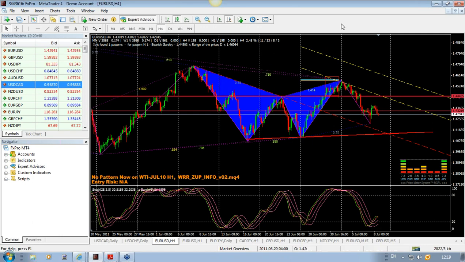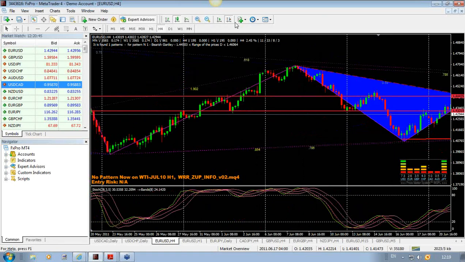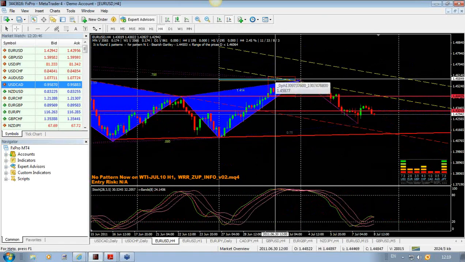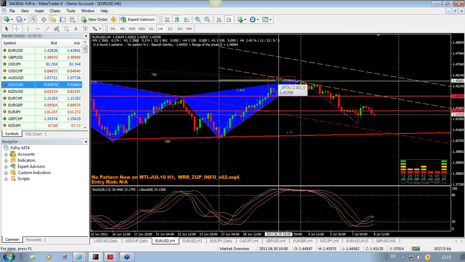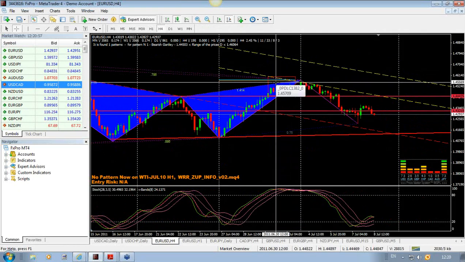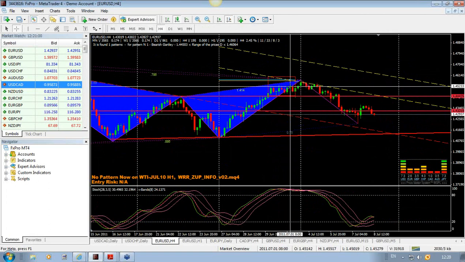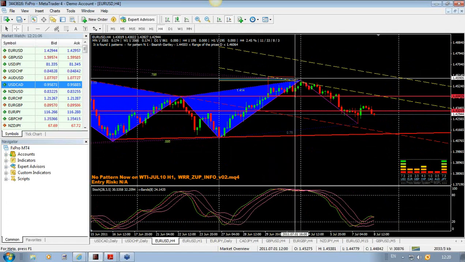Why? Because this is based on statistics. If I tend to enter, I will explain more about it, but just a quick beginning. I tend to enter somewhere in between these two lines, the light blue and the yellow, in this window.